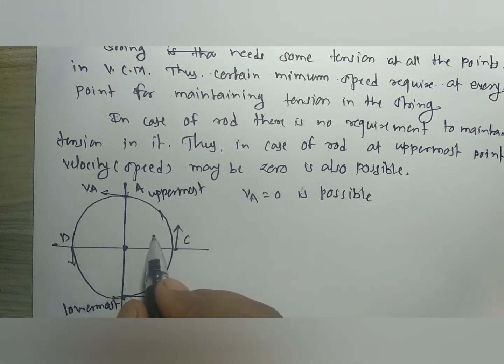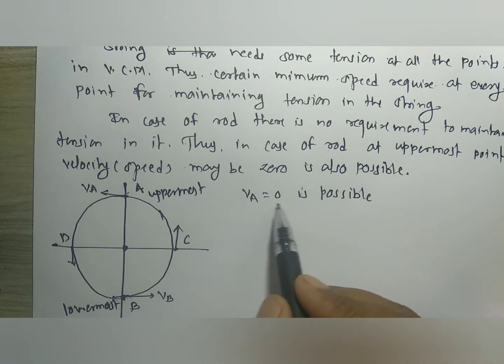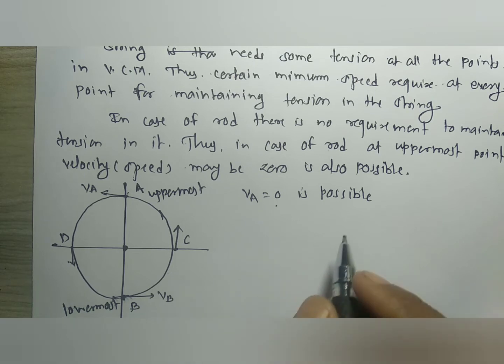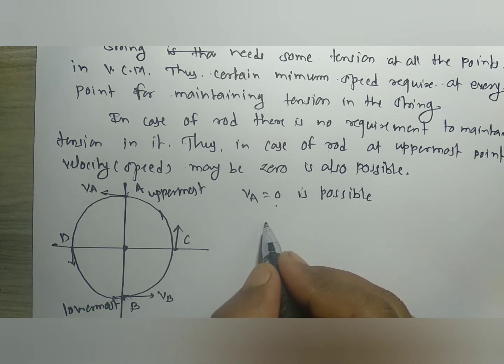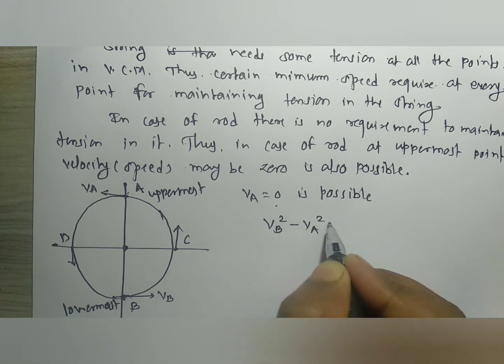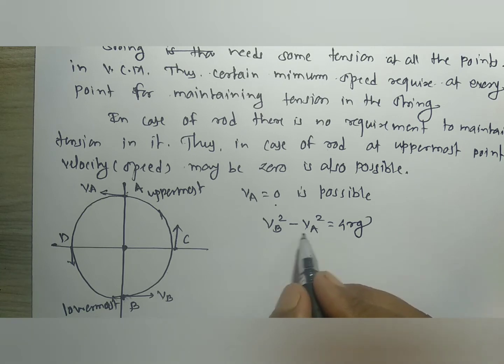At the uppermost point, it is possible to maintain the velocity or speed at point A equal to 0. And we know the equation VB square minus VA square is equal to 4RG, and VA is equal to 0.